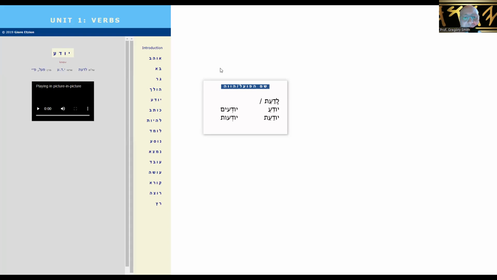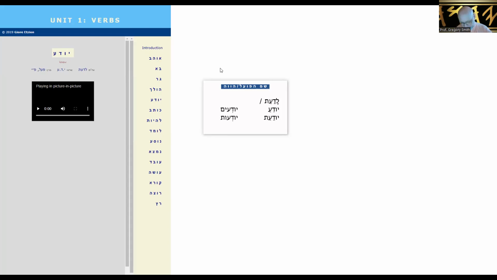Shem Hapa'al, Hava. Okay, so that's like the name of the verb. And then I think that's Hove. There we go. And so that's like the state of the verb.